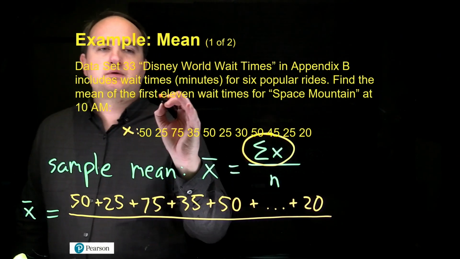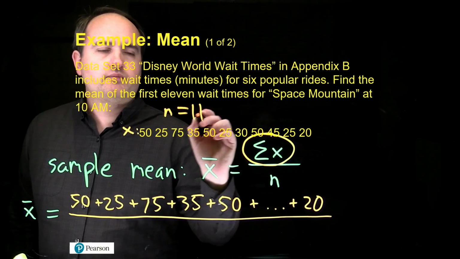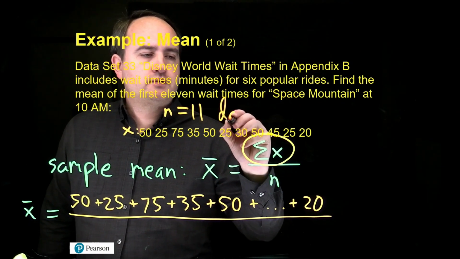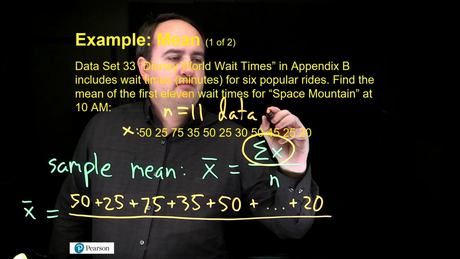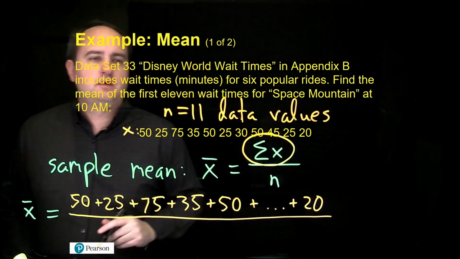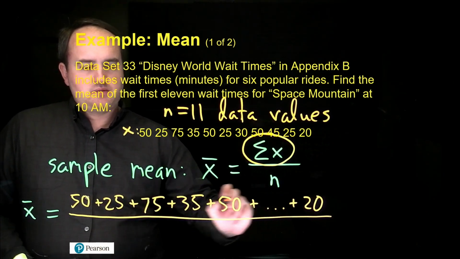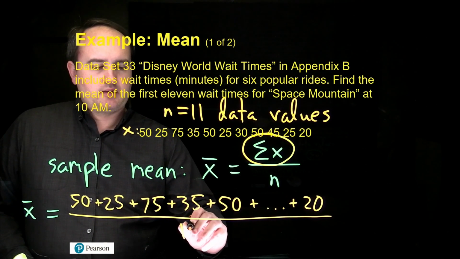So that means n equals 11 data values. Okay, so that means we're going to add up all these numbers and we're going to divide by 11.